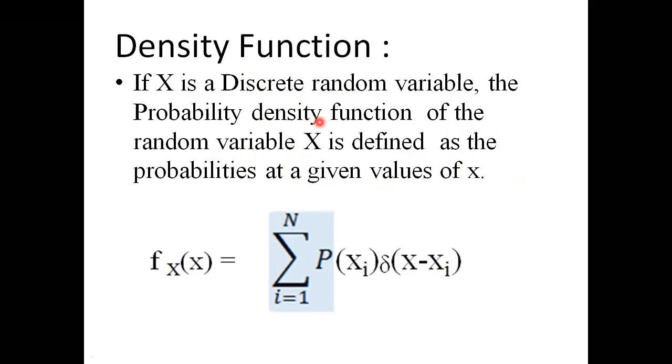So for a discrete random variable, small f(x) of x is equal to summation i equal to 1 to capital N, p of xi, delta of x minus xi. This is the density function for discrete random variables.